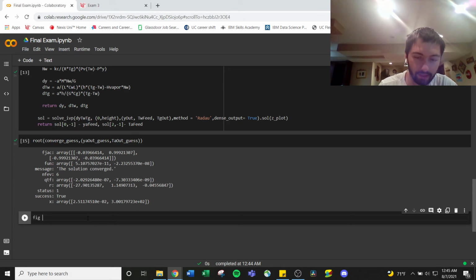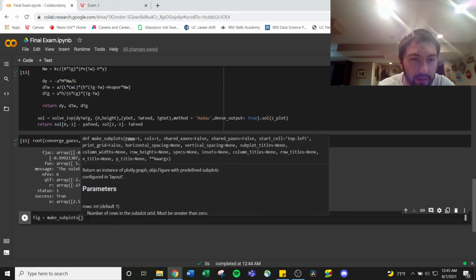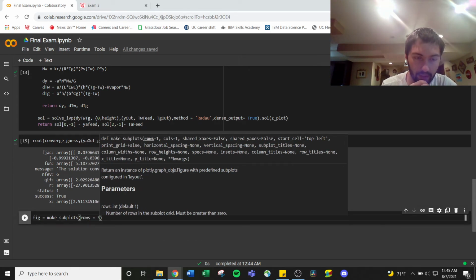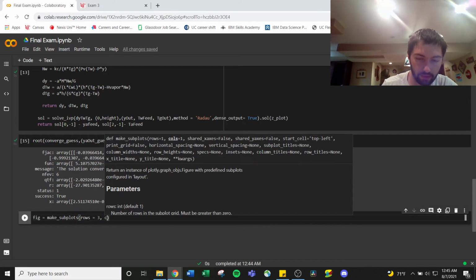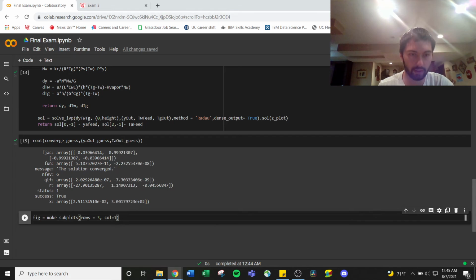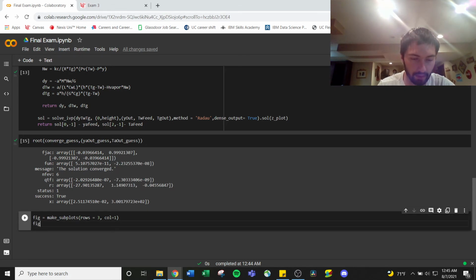So I'm going to make a variable figure, and we're going to do figure equals make subplots, and we want, let's see, rows, columns, we want 3 rows. So we have 3 differentials, and we'll just do it in 1 column. There we go. So now we'll do fig dot add scatter.